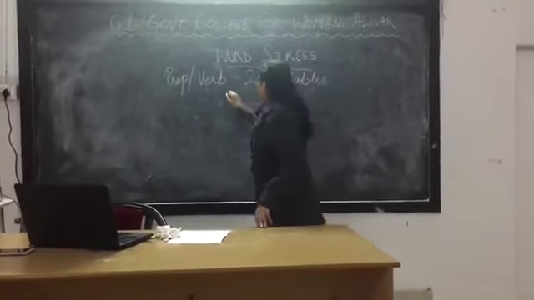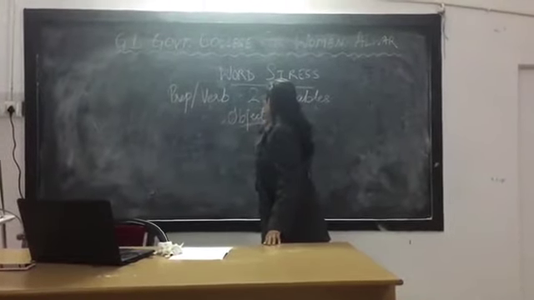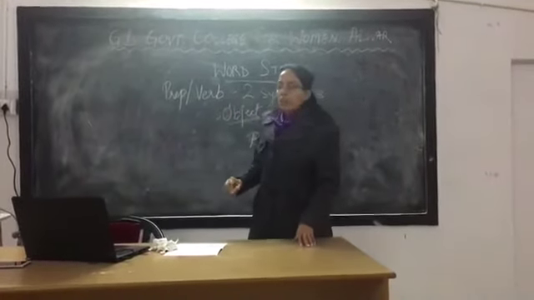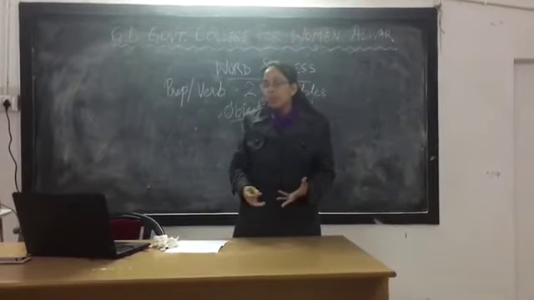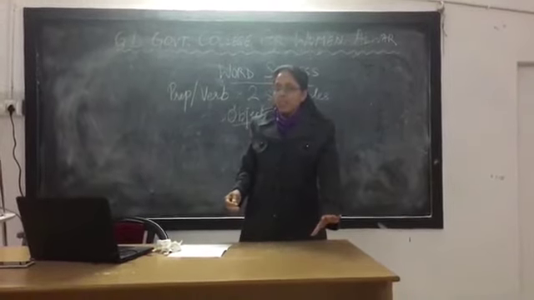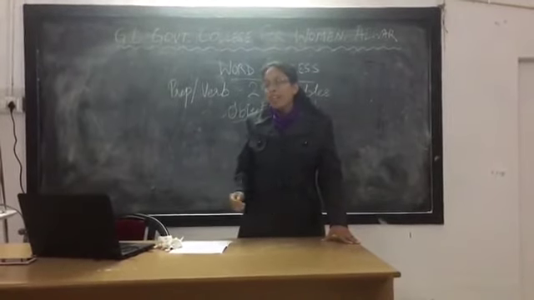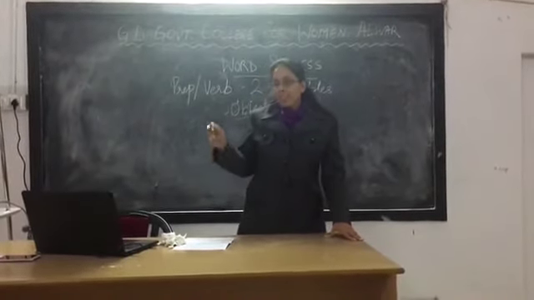For example, there is this word object. If you are using it as a noun, I found an object. Yes, and then when you say I object to it, I object, it is a verb.